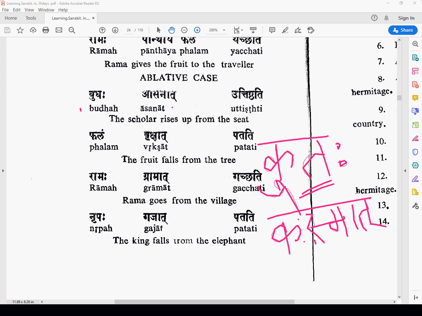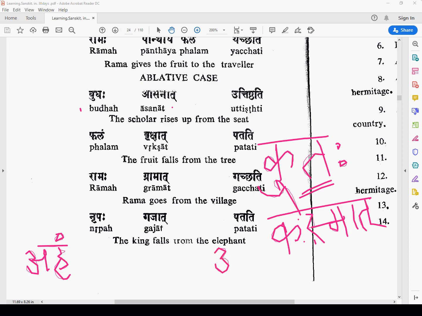If you want to say, I come from home, or I am coming from home, how do we say that? What is the word for I? Aham. What is the word for coming?